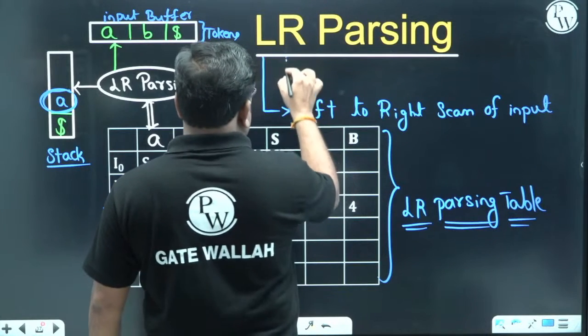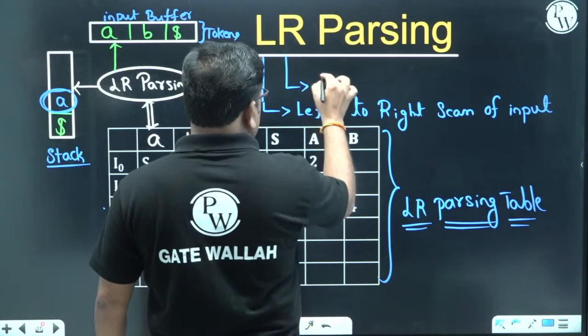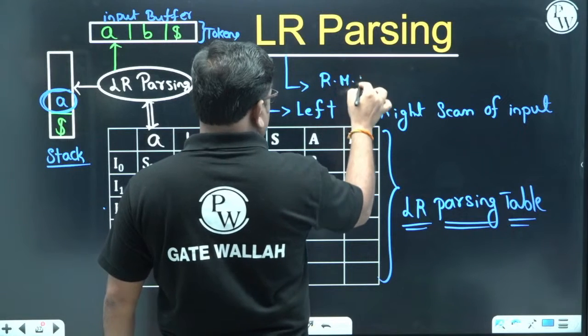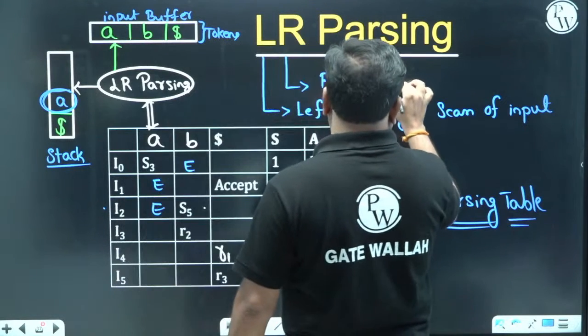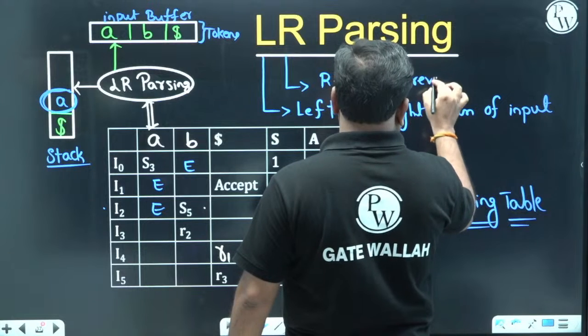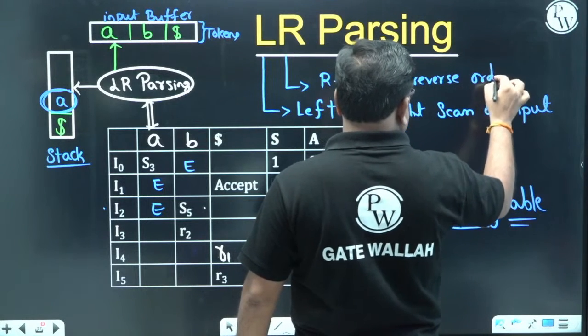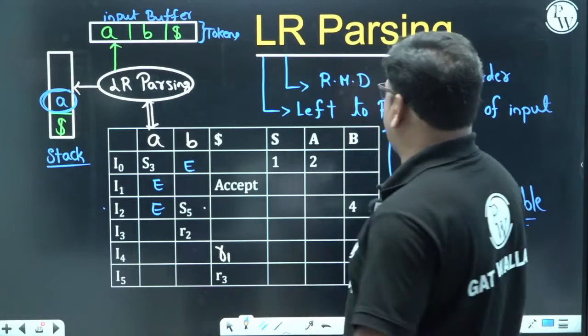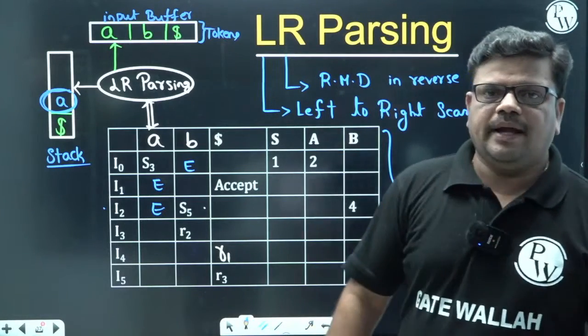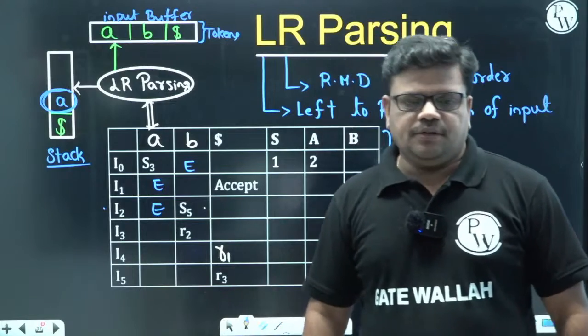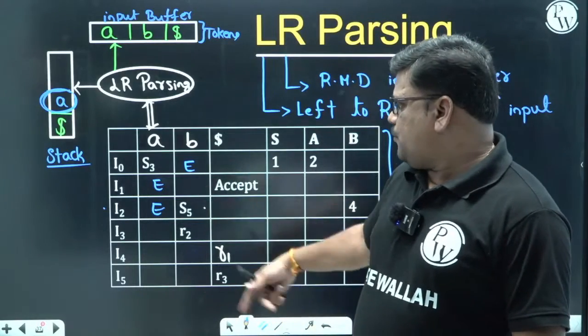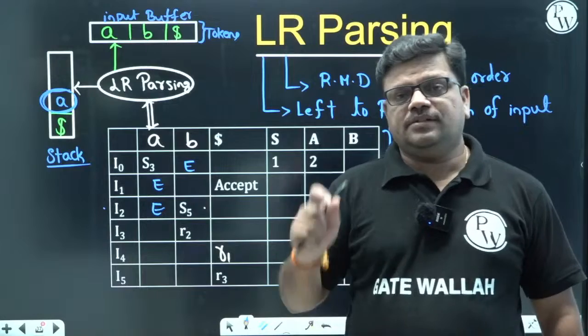Here R indicates rightmost derivation, using rightmost derivation in reverse order. So like this, the LR parser is a shift reduce parser having one additional table. The table is the main concept here.